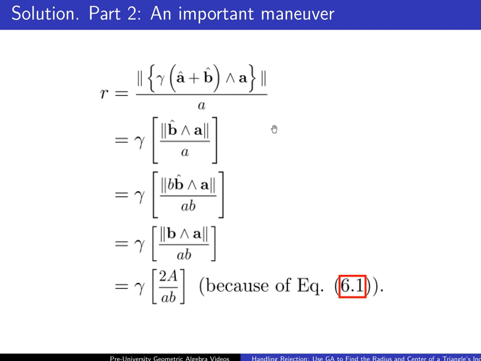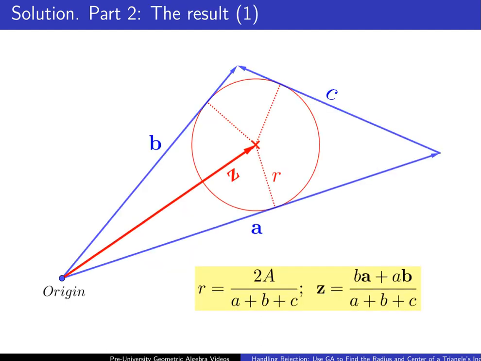That's an important little detail in the math there. And this is because of equation 6.1, a reference to an equation in the document that's uploaded. So when we're all done here, what we get is, well, you can read it yourself. The radius is this, and the location of the center with respect to this origin here is that.